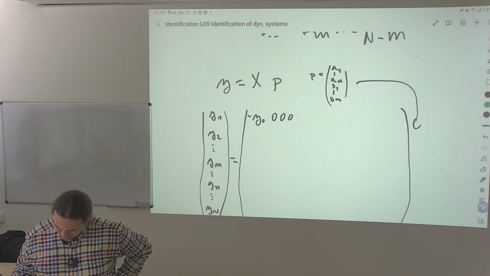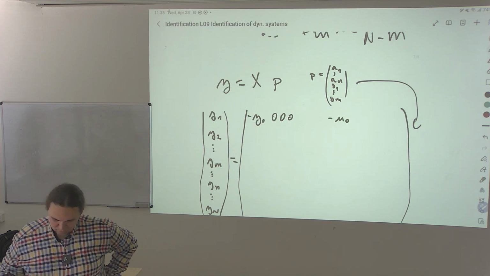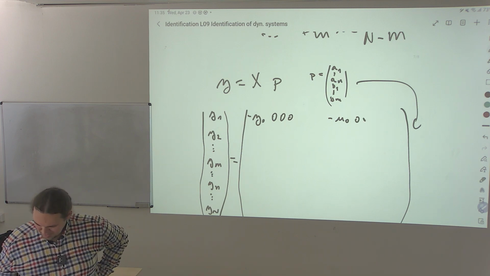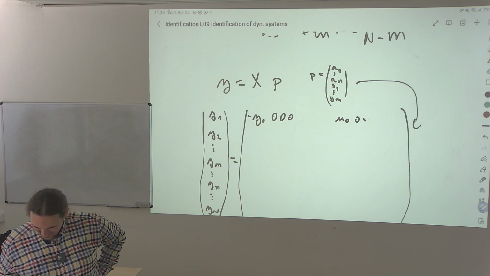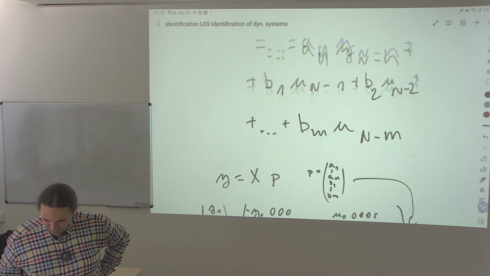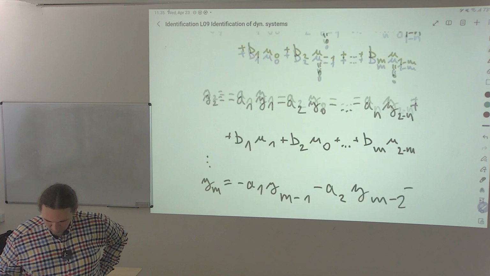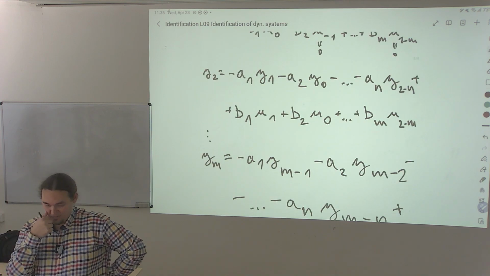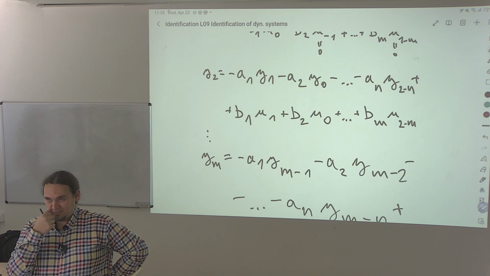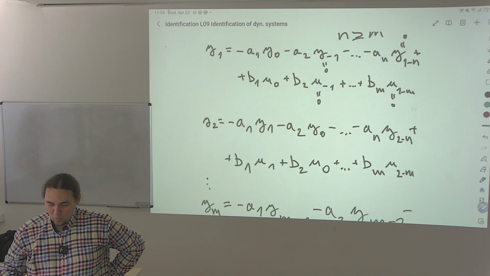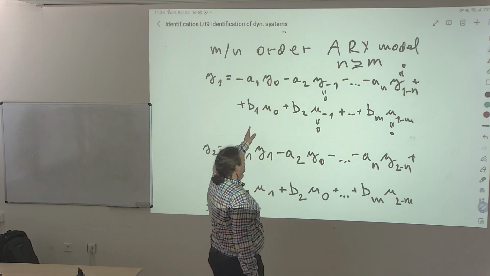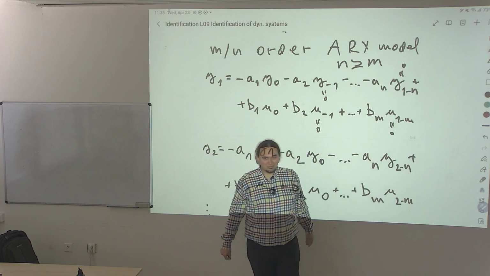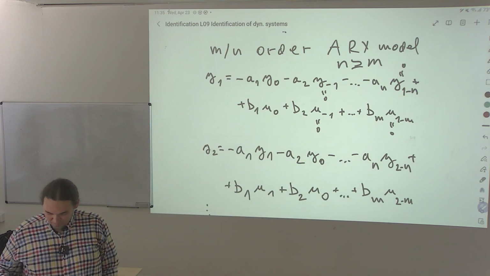I'm just trying to estimate the minus u naught. Plus, thanks. What comes next? Those zeros are the elements of the matrix. Well, how many columns do we have? We have n plus m columns. Yes, this matrix is wide.